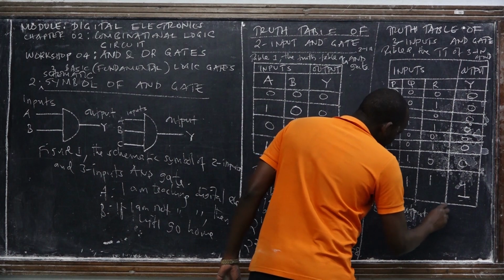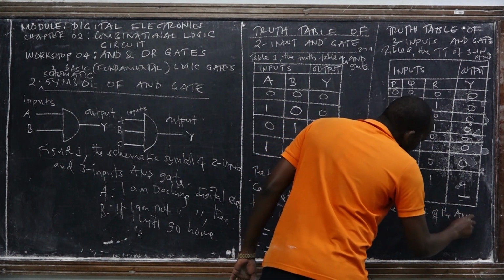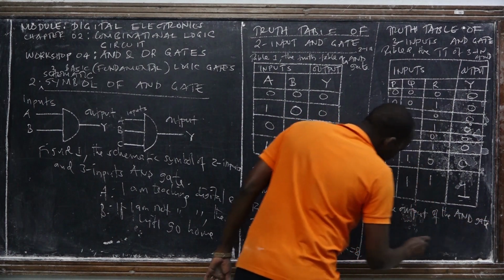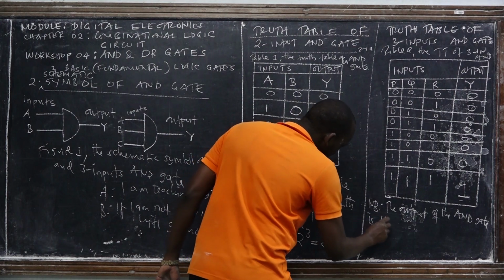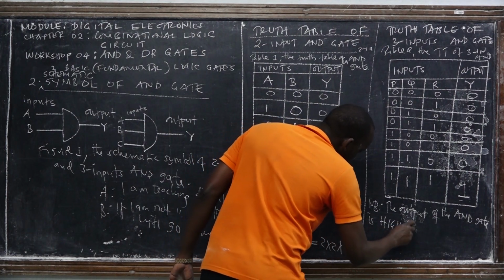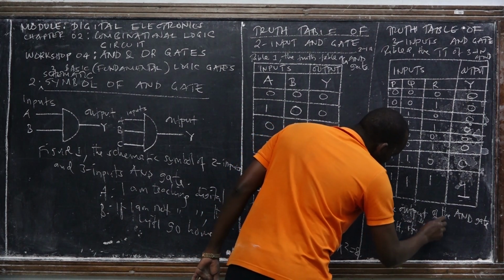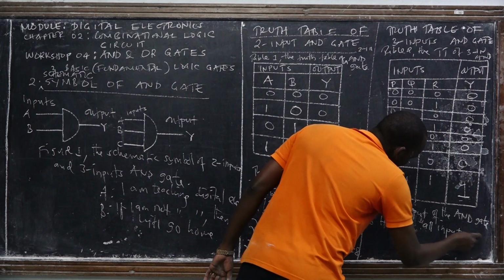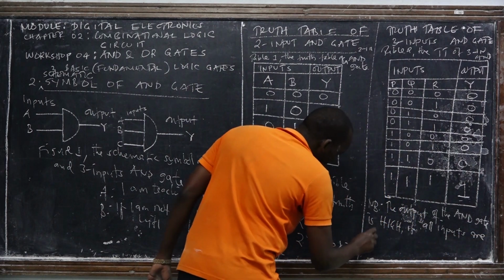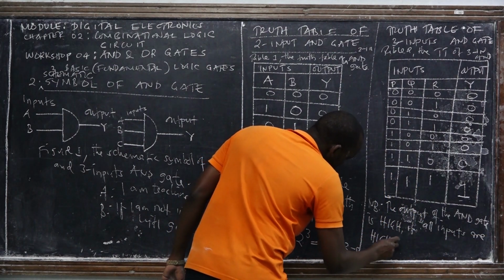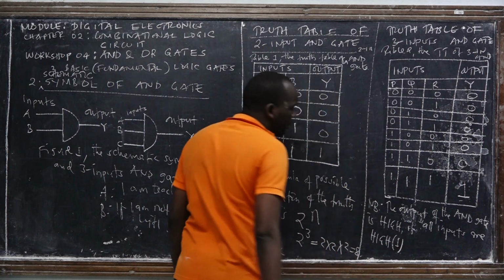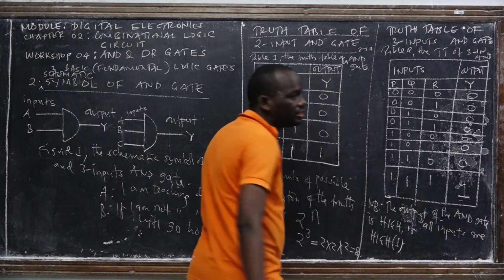So the output of the AND gate is high if all inputs are high. Remember, when you talk about high, it means binary bit number 1. Otherwise, the output is 0.